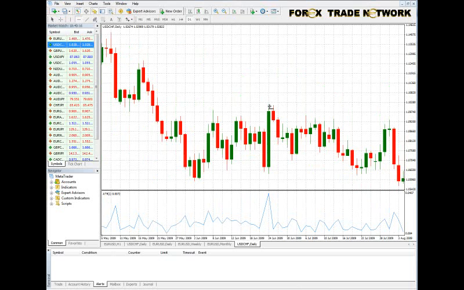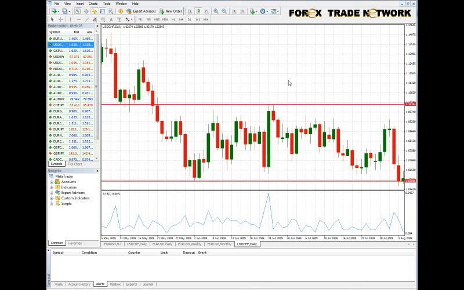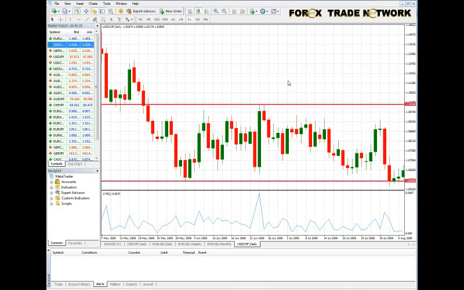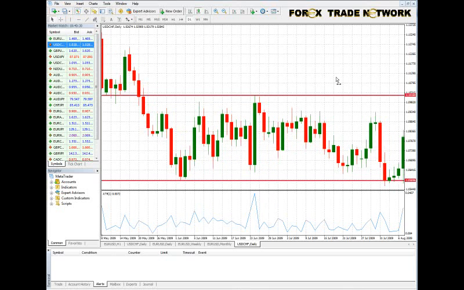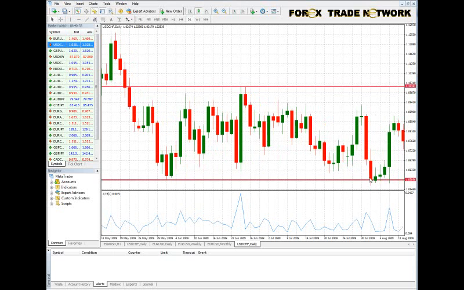Okay, and let's look at our resistance being up there, our support being down here, and let's go by here one at a time again. We bounce off. We're moving up nicely. Now you'll notice this may be a more major level here, and as we come down further, other levels come into play.